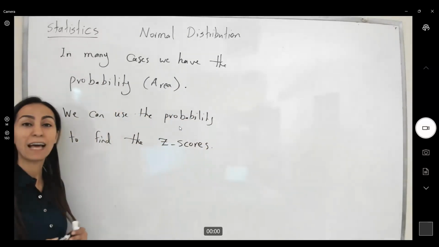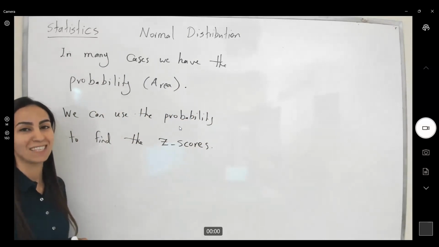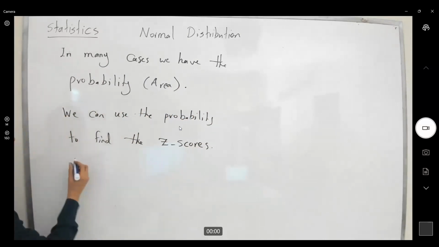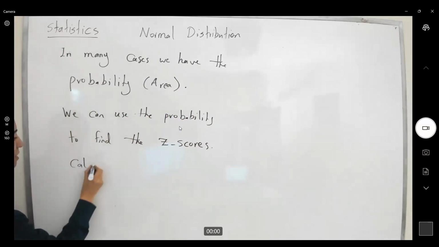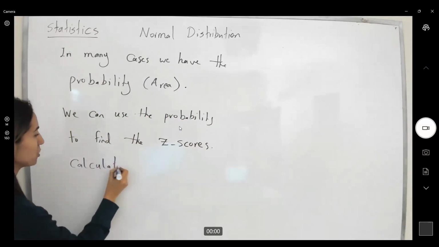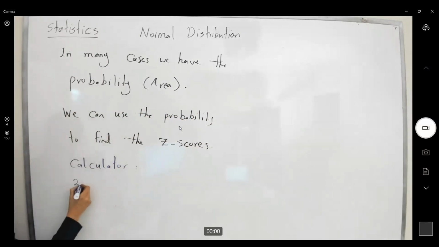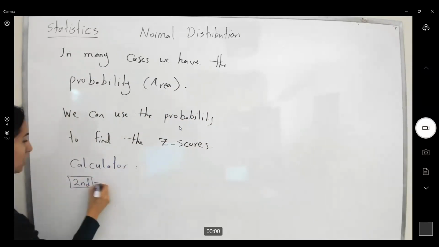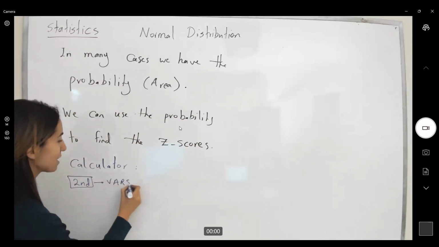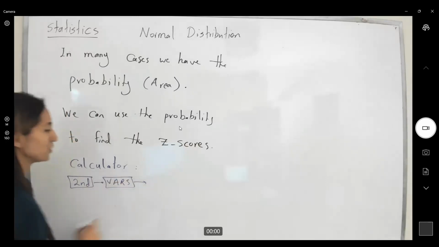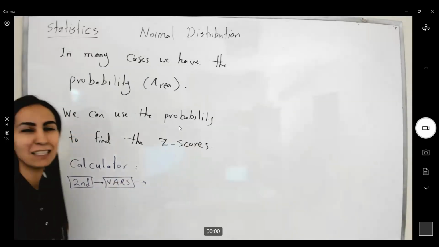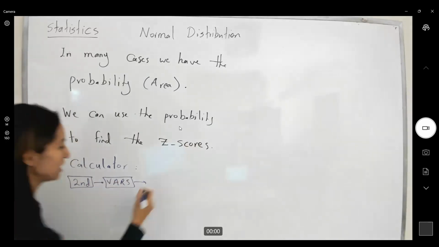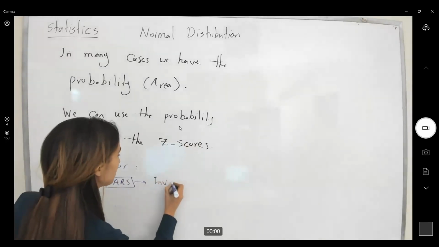The functionality that you're going to use is inverse norm. In our calculator, you're going to go to second, vars, and then use inverse norm.